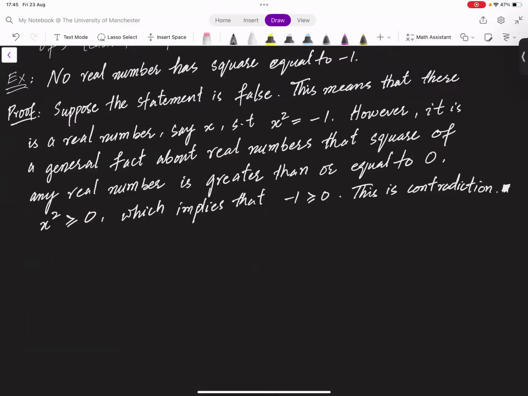We have another example, which says that we need to prove square root of 2 plus square root of 6 is less than square root of 15.